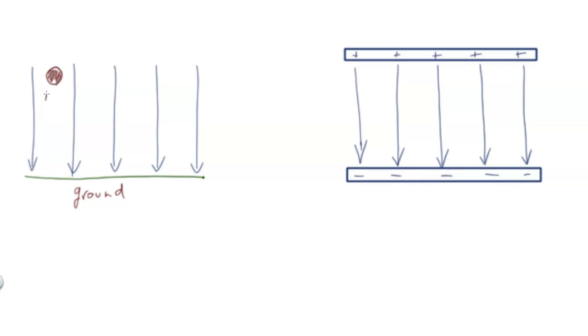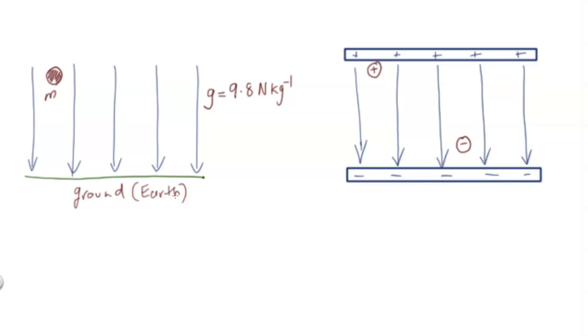So this is a mass, and say we've got a positive charge and a negative charge within the electric field. The gravitational field has a strength g of 9.8 newtons per kilogram, but we also use the unit meters per second squared.